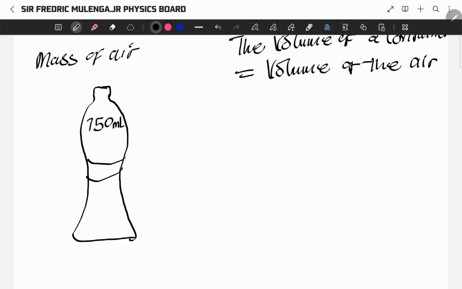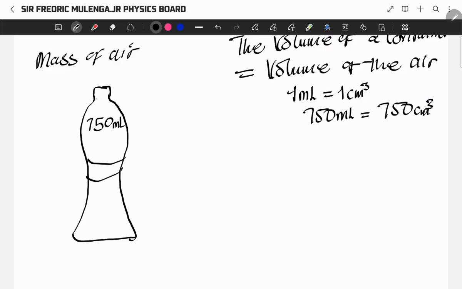From the onset of our lessons, from the introduction under conversion of units of volume, we learned that 1 milliliter is the same as 1 centimeter cubed. So definitely 750 milliliters is the same as 750 centimeter cubed.